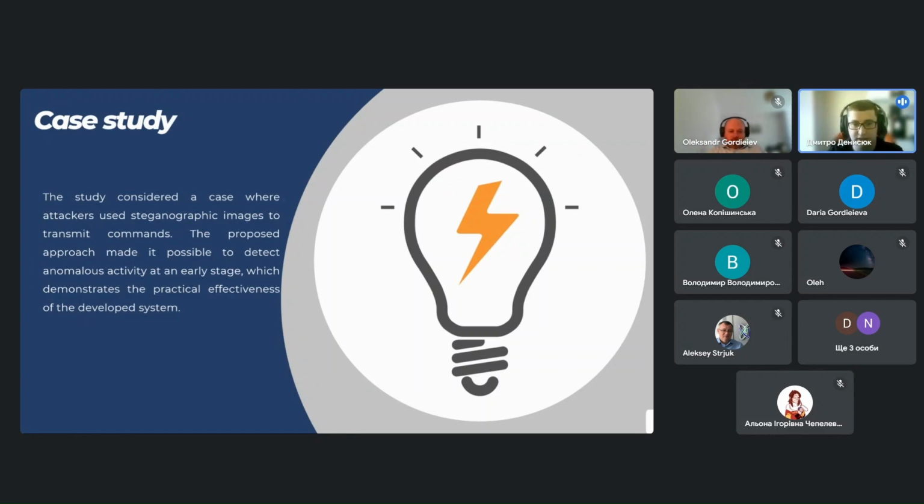The system successfully detected the steganography in the uploaded image and tracked the activity of the related process. This allows a user to quickly block the malicious attack.